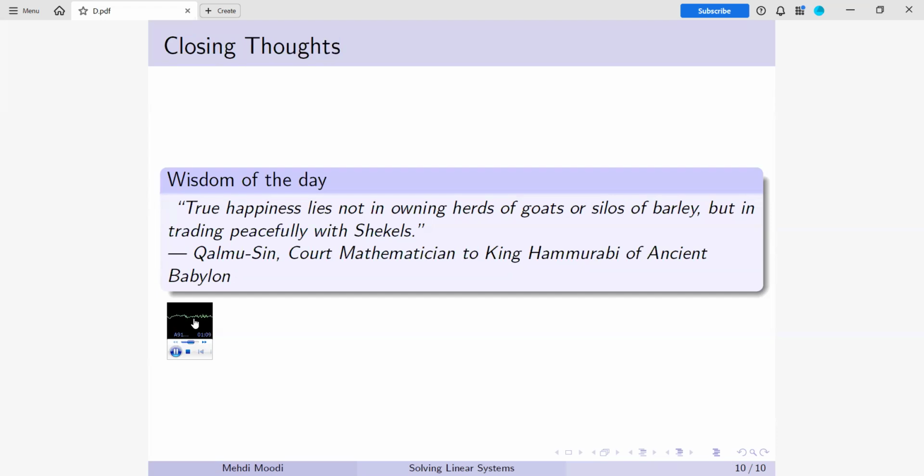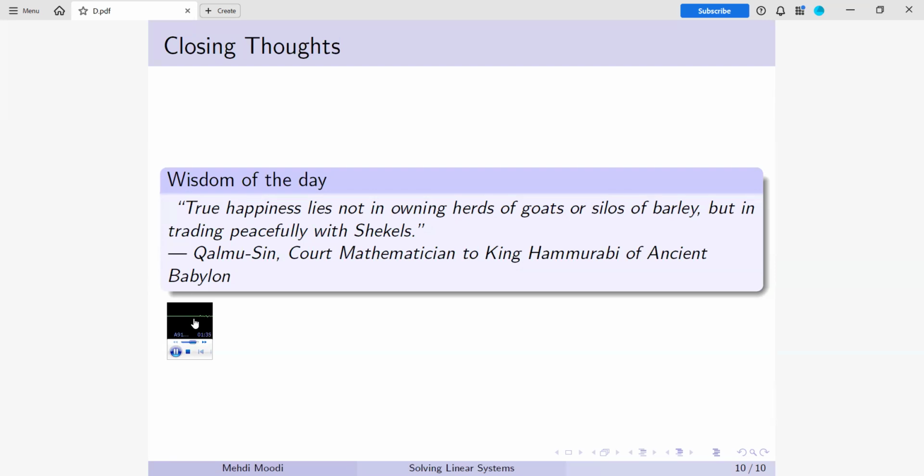Desperate, the citizens turned to the kingdom's highly respected mystic and math guru, Qalmu-Sin the Sapient. He listened. He scratched 2 linear equations on a clay tablet. 3x plus 10y equals 100 and 4x plus 5y equals 100. Where x is the value of a goat in shekels, and y is the value of a sack of barley.